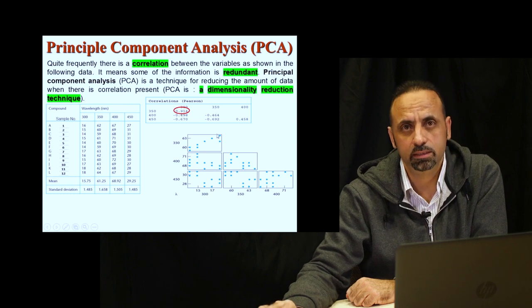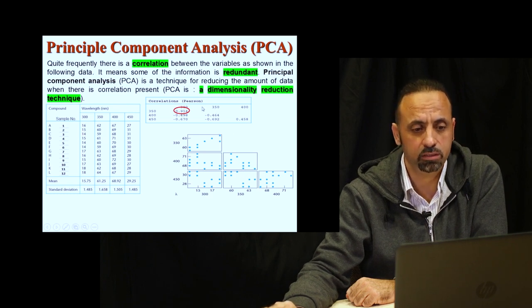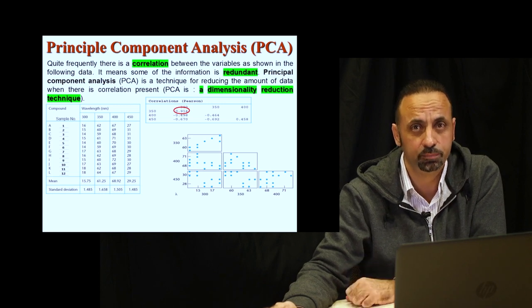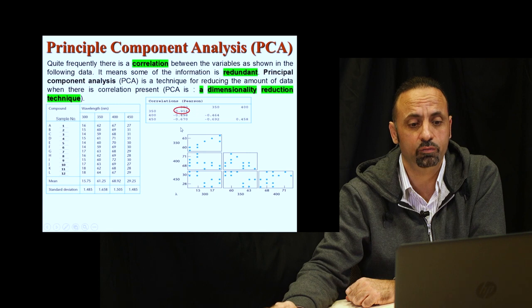If you build a correlation matrix, you see here there is a correlation between 300 nanometer and 350 nanometer. The correlation coefficient is about 0.91, and this is not good to use both of them to make a prediction or to make a classification or discrimination. So you need to get rid of one of them.